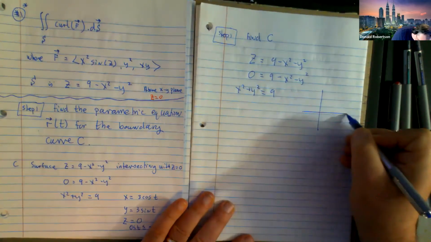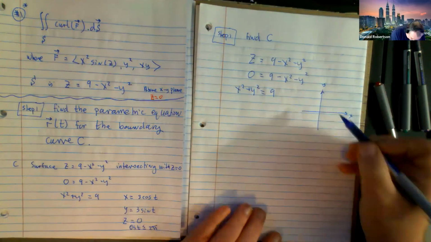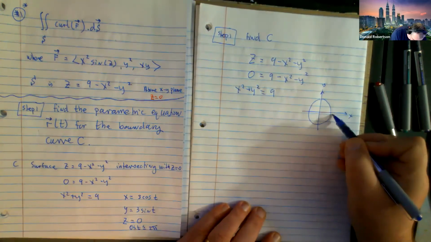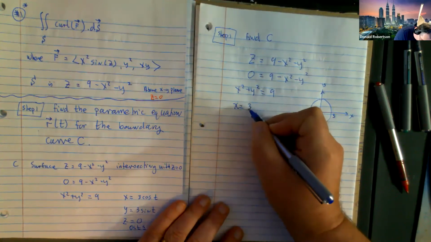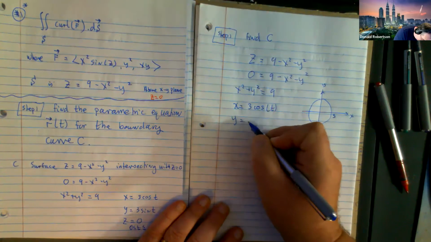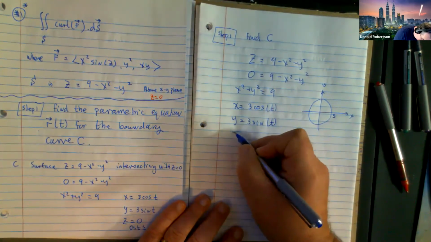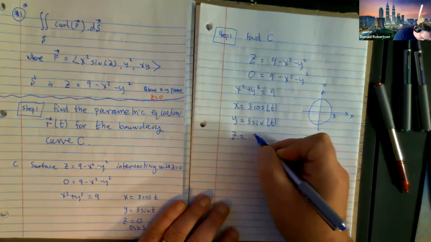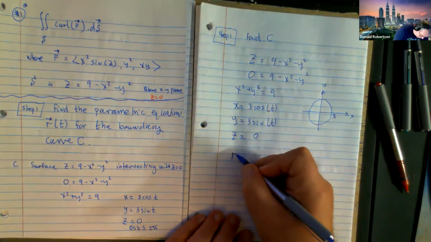So I know what this curve looks like. It's basically a circle of radius 3. And so I'm going to make X 3 cosine t's, and I'm going to make Y 3 sine t's, and I'm going to make Z 0. And that is my space curve.